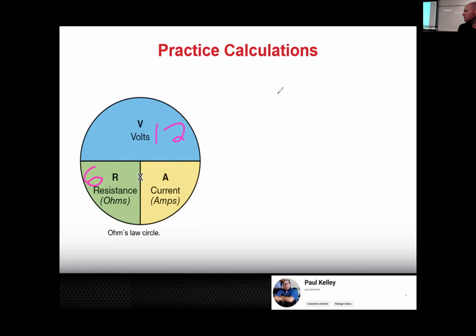V over R, so that's 12 over 6, equals 12 divided by 6. It goes in there twice. Now wait a minute, is that interesting or what? If I halved the ohms, what happened to my amps? They doubled. Remember we said that that would happen.